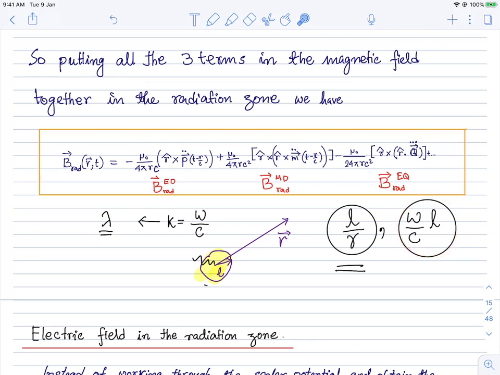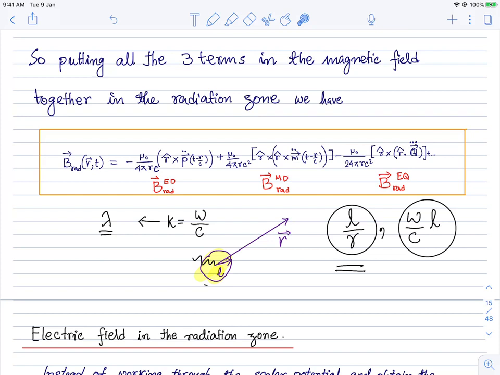So we are assuming that the wavelength of the emitted electromagnetic wave is large compared to the typical size of the sources that are giving rise to these waves. Under that approximation, you can basically ignore all these terms, and if that approximation is not valid, then you have to deal with those terms and keep them in your analysis.